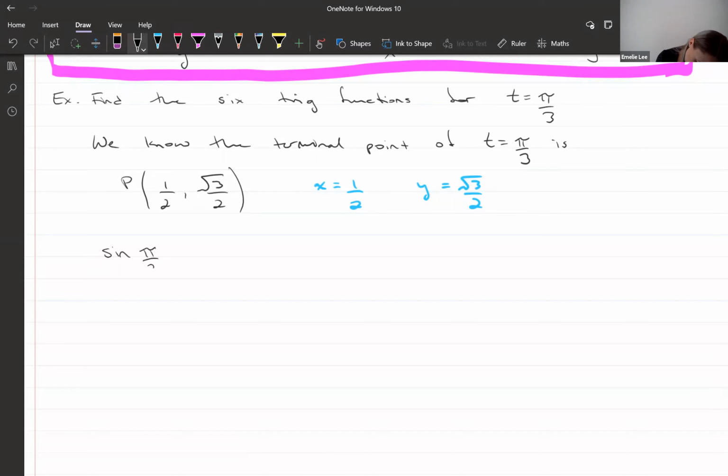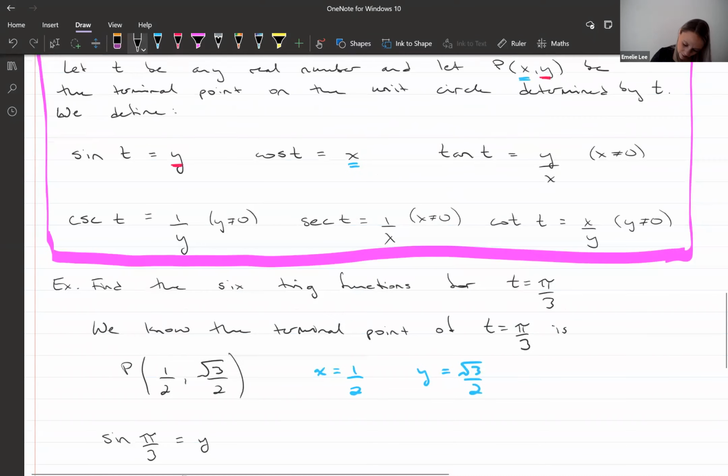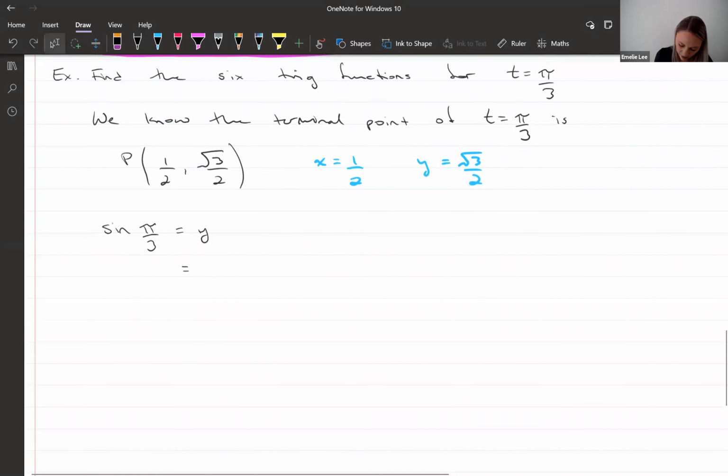Sine of pi over 3 is y, which is just from up here. Sine of whatever is the y value. And so sine of pi over 3 is root 3 over 2. Good.